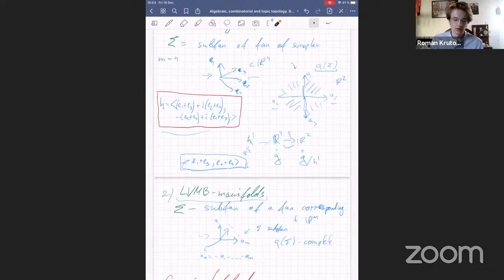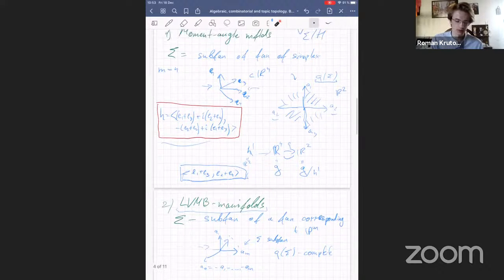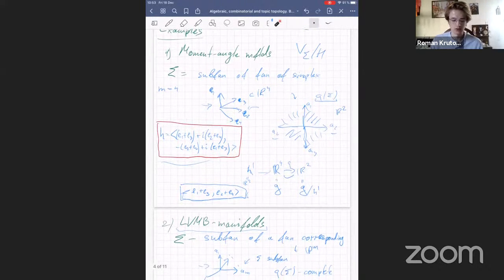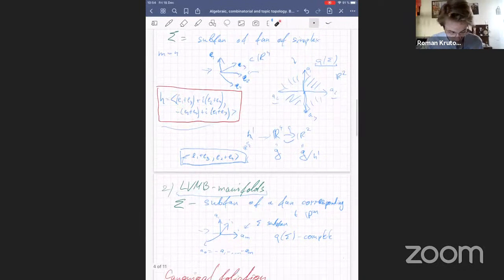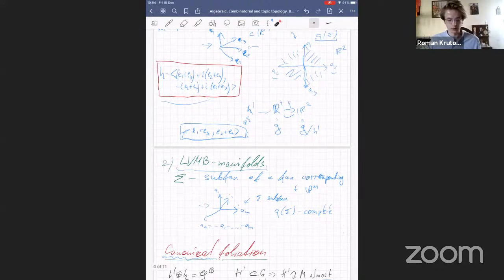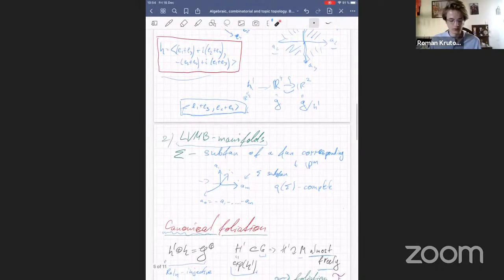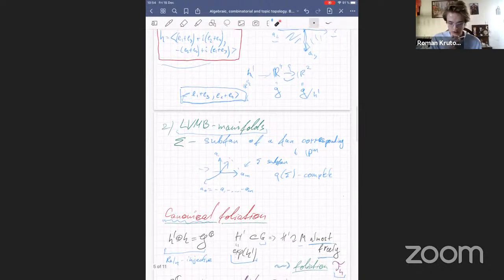So these are the most famous examples which were known before Ishida introduced these complex manifolds with maximal torus action, but they generate, as you see, a more general family, since there is no restriction on the fan to be a subfan of something very, very simple.